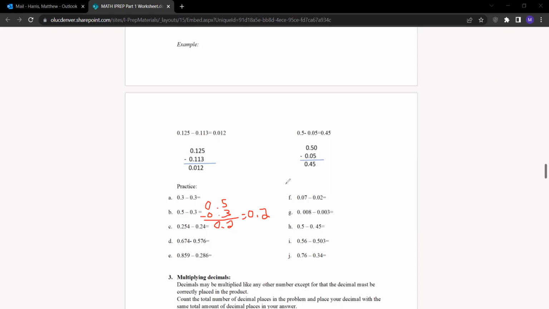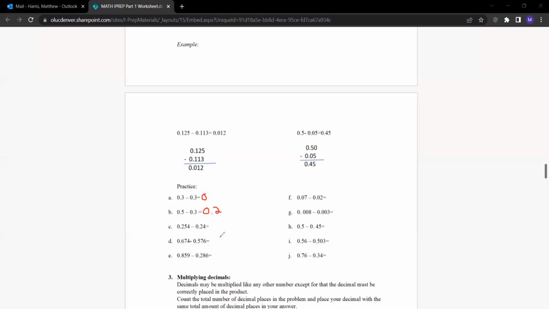So 0.5 minus 0.3 is equal to 0.2. So let's go ahead and keep going. And remember, when you're doing this on your own paper, make sure we line up the decimals, right? So we see the decimal points are in the same spot. All right, so 0.2, and now let's move on.